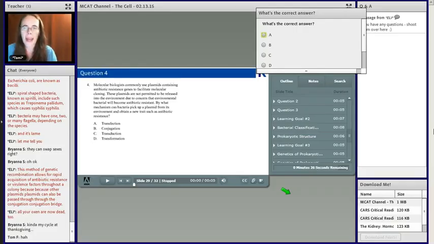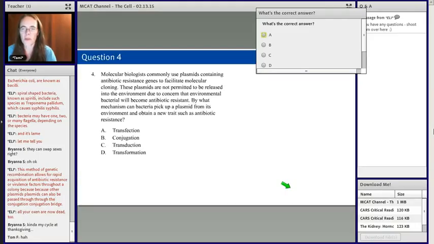Alrighty, go ahead and put your answer in for number 4 if you have not already. I'm going to resync this. Molecular biologists commonly use plasmids containing antibiotic resistance genes to facilitate molecular cloning. These plasmids are not permitted to be released into the environment due to concern that bacteria will become antibiotic resistant. What mechanism do we use for this? What do we do in a lab? We force it to take up that DNA. That is transformation.